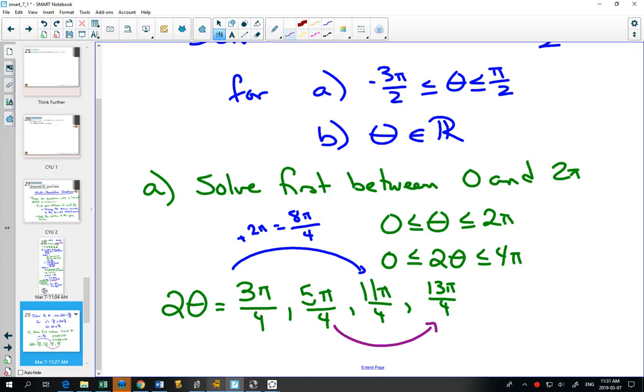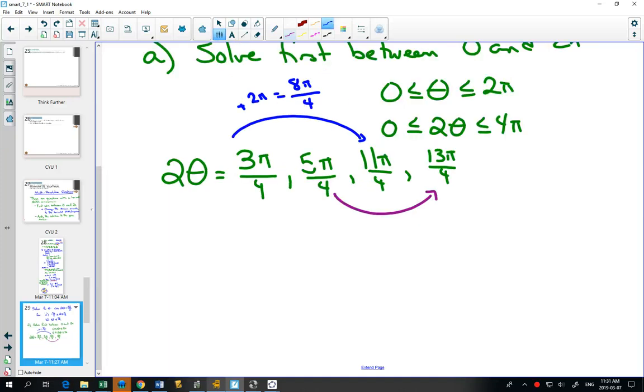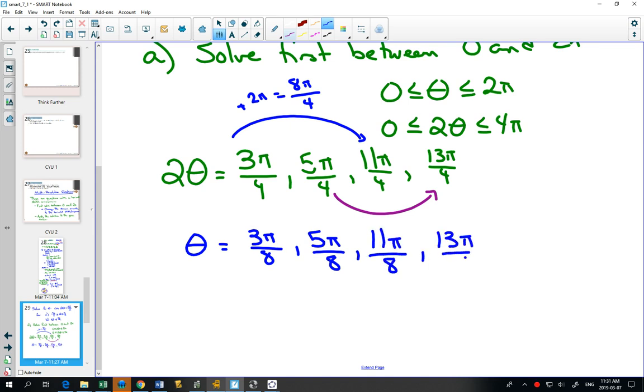then between 0 and pi, solving for theta, theta would equal 3 pi over 8, 5 pi over 8, 11 pi over 8, and 13 pi over 8. Make a little note here.